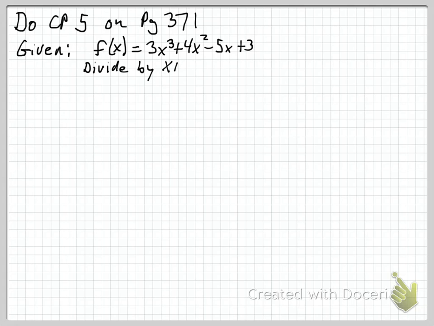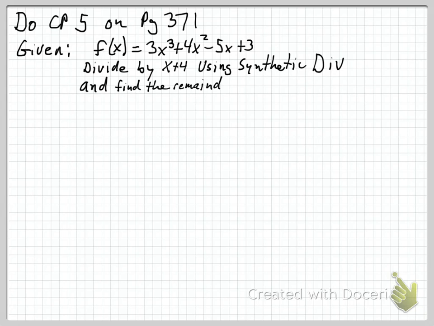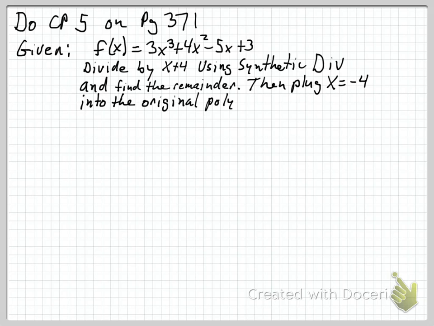Okay, in class we did checkpoint number 5. Here C is going to be -4. Take that -4, plug it back into our original equation, and kind of verify the remainder factor theorem.